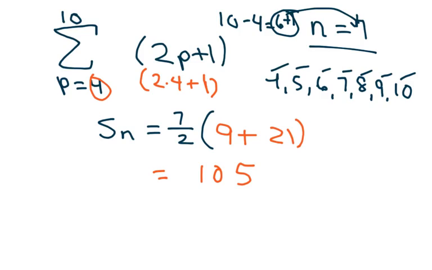Now, the next one we can do is, let's do a harder one. Let's do the sum where j equals 1 to 5, and we have 9 minus 4j.